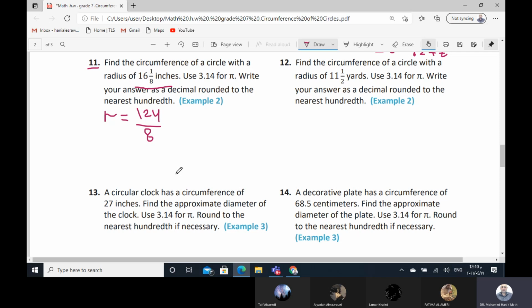So 124 divided by 8. It's 129, not 124. Yes, I made a mistake here. Great, thank you. So 16 times 8 equals 128.